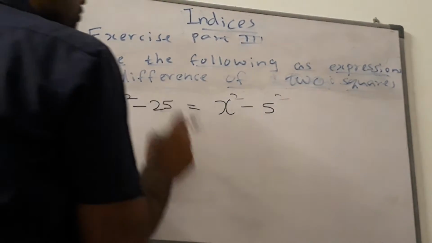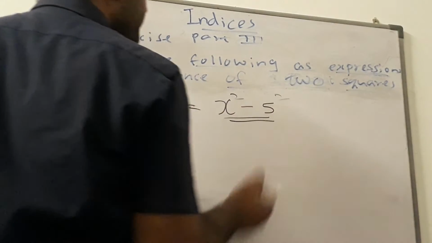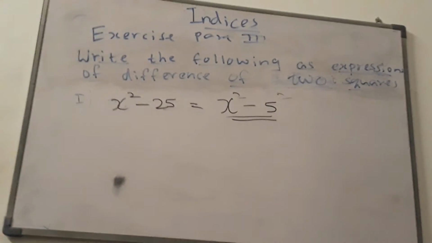So x squared minus 25 can be written like x squared minus 5 squared. This is the answer.